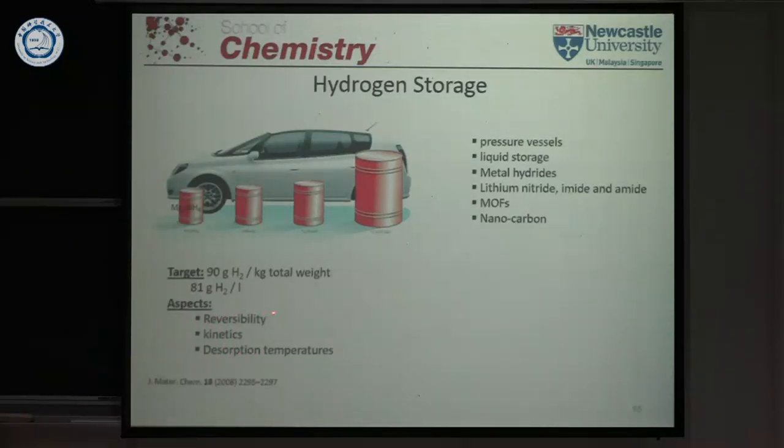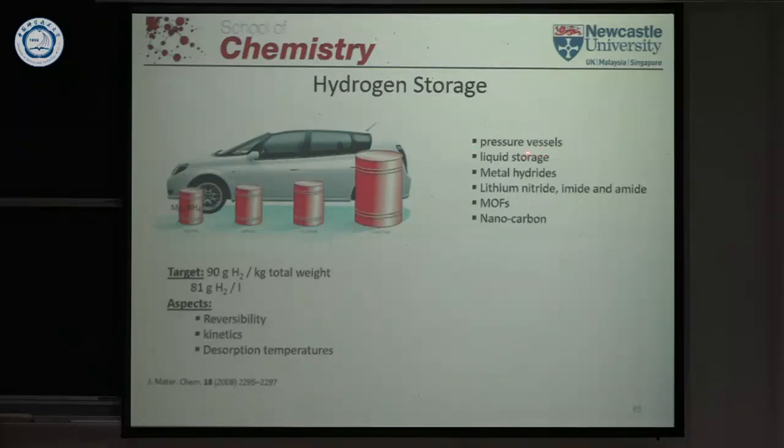And there are a number of aspects that need to be considered. The question is reversibility, that I can store and release. The question of the kinetics that are associated with that, and the question of desorption temperatures. Because there are different means actually of storing it, and that's shown here on the right side. Actually a total of 6 possibilities. We are going to discuss only a few of them.